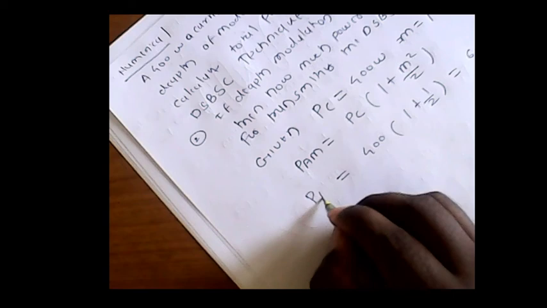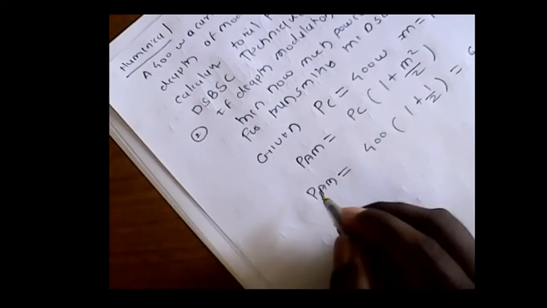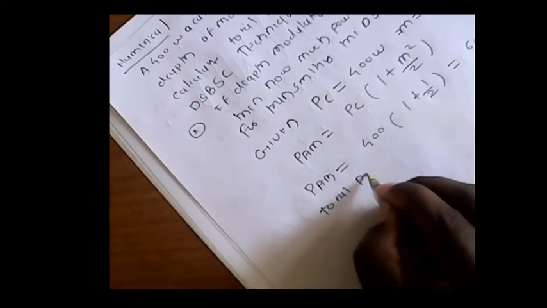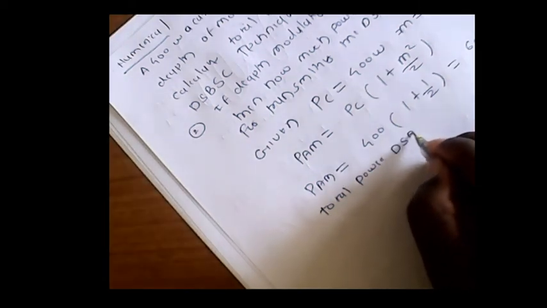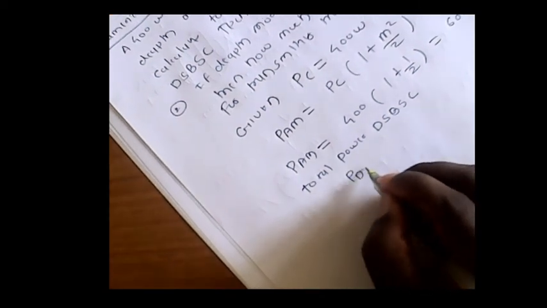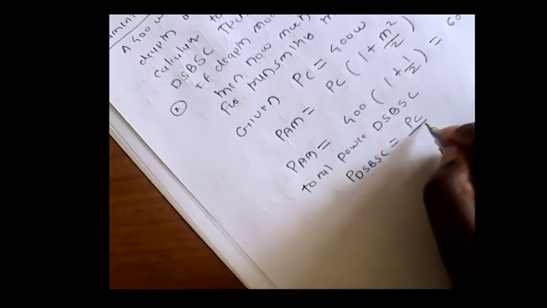So power required for the full wave amplitude modulation is 600 watt. And total power in double sideband suppressed carrier, by the given relation, power requirement in double sideband suppressed carrier is half of the carrier power into m square, and modulation index is 1.